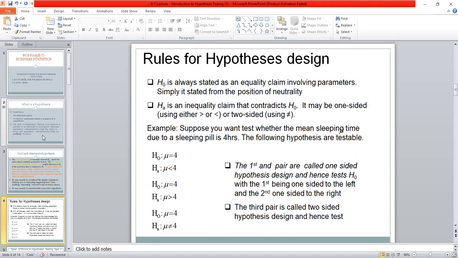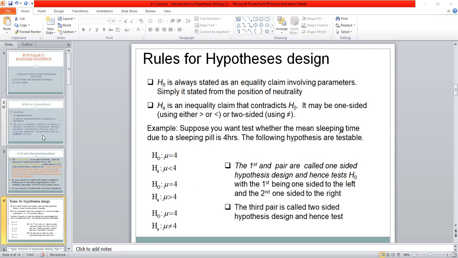if it's around a population parameter, then that is called a parametric hypothesis design, which will require the use of parametric tests. These are called parametric hypothesis designs because they're designed around a population parameter, the summary statistics. In this case, the arithmetic mean. And you will know what parametric tests are in future.